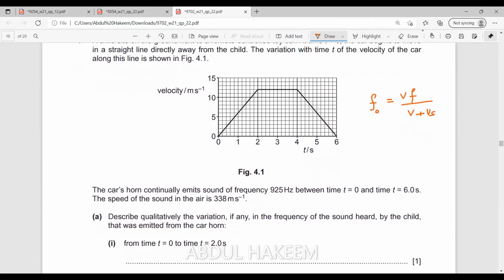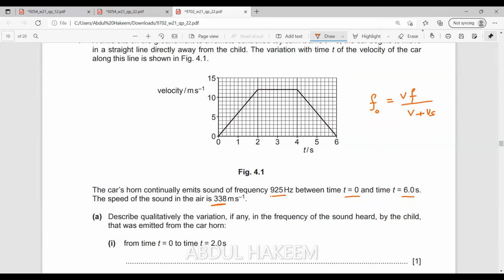The car horn continuously emits sound of the frequency 925 between t0 and t6. The speed of the sound, this is the actual, instead of 330, 338 meter per second given. Describe qualitatively the variation, if any, in the frequency of the sound heard by the child that was emitted from the car horn from t0 to t2.